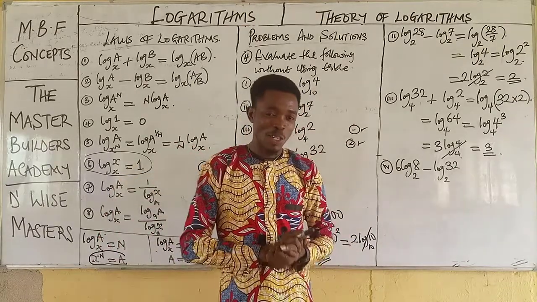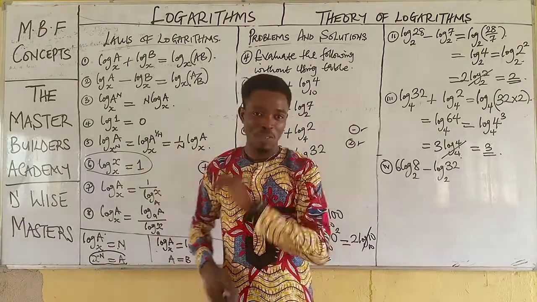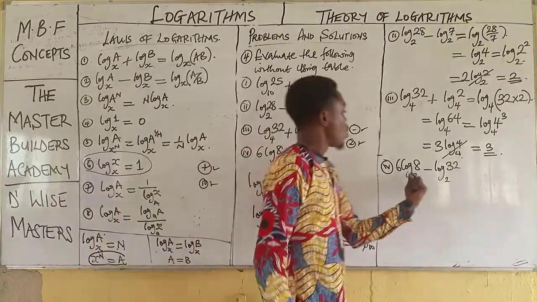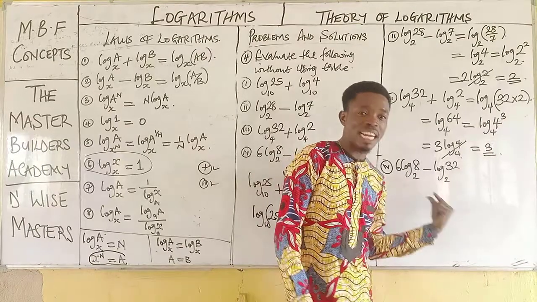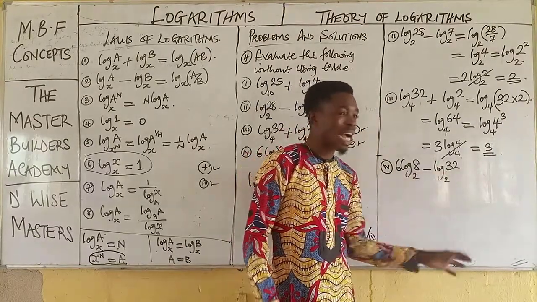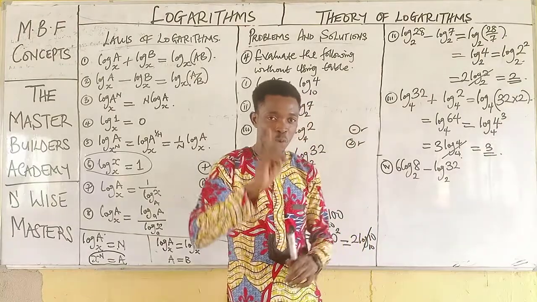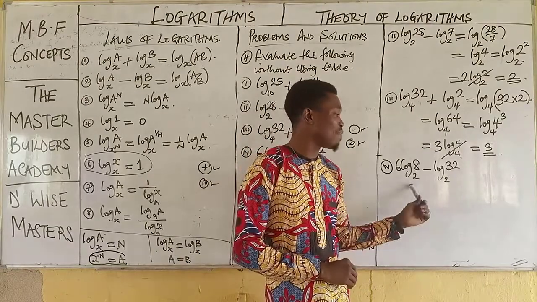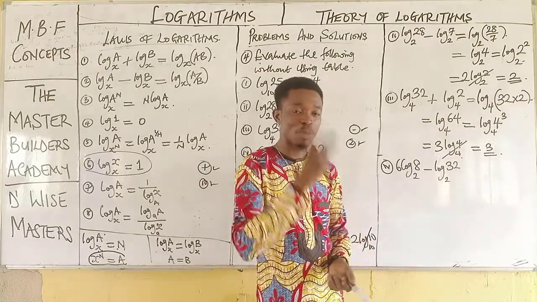Now, look at it. Something wonderful is about to happen here. What we have here, we find out that these 2 logs of numbers to base 2 are separated with subtraction. 1 pass mark. The second pass mark is that they have equal base. Very correct. 2 pass marks.